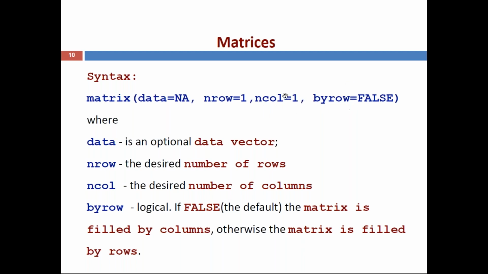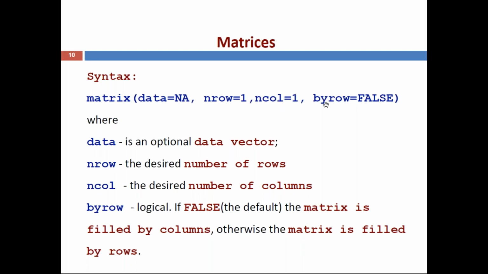Then another one, byrow equal to FALSE. So this is also an optional one. If you don't use byrow, by default, the matrix is filled with the elements in column format. So first it fills all the elements in column 1, then column 2, column 3. Like that it distributes as per the dimension of the matrix.